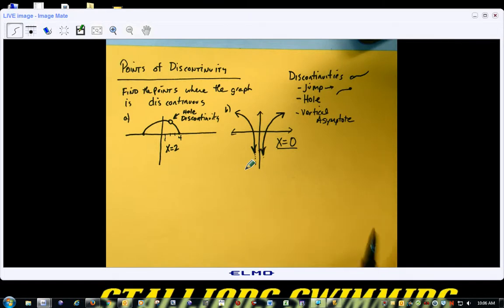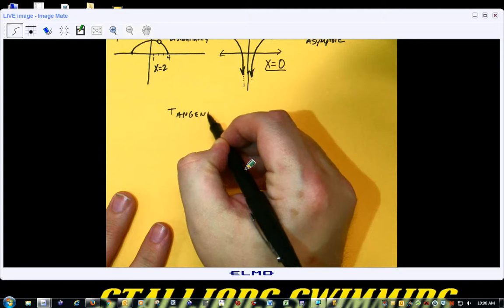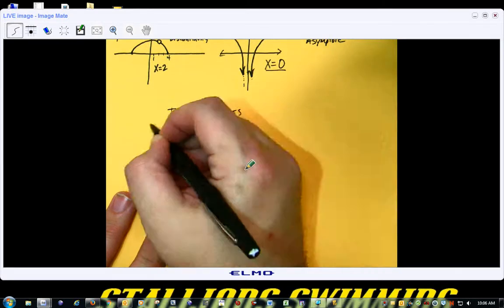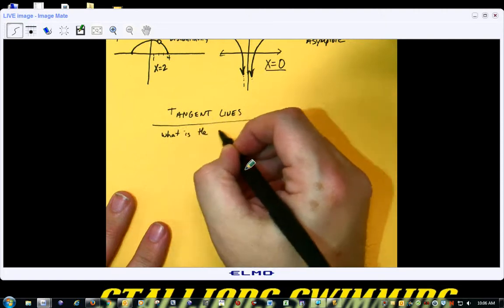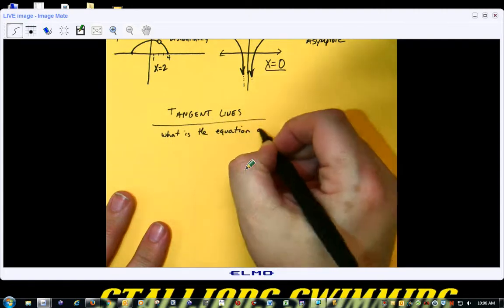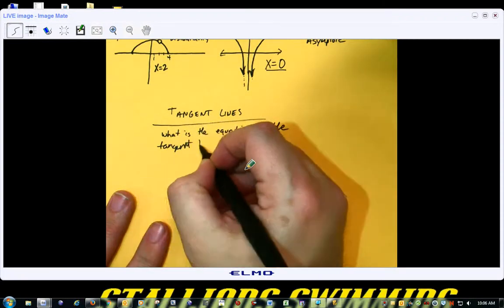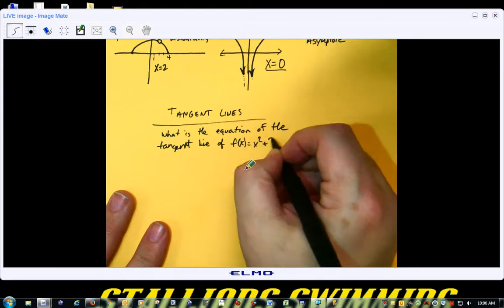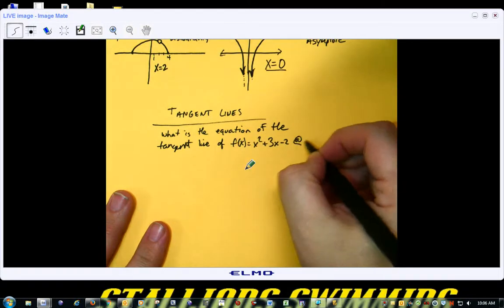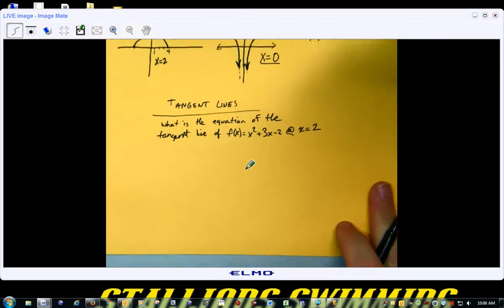Tangent lines? Alright, so here's a typical type of tangent line equation.